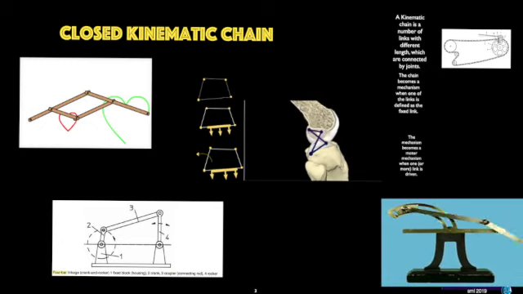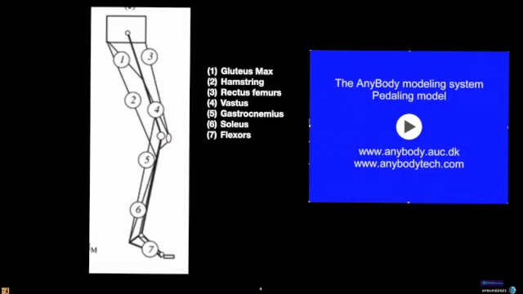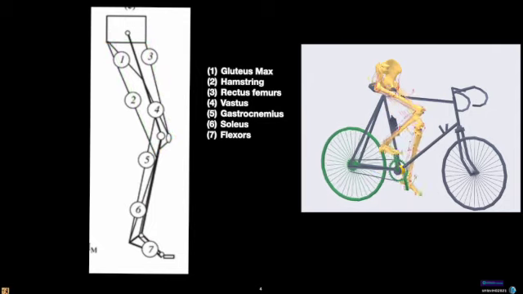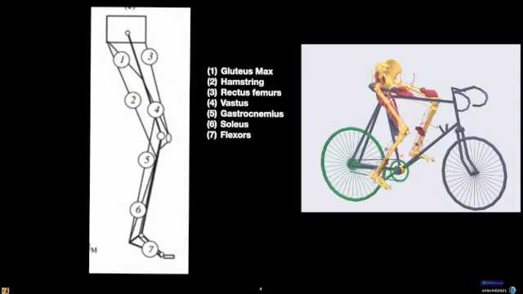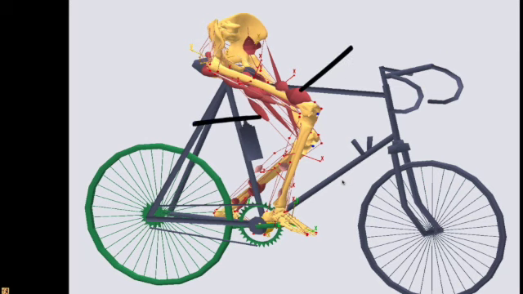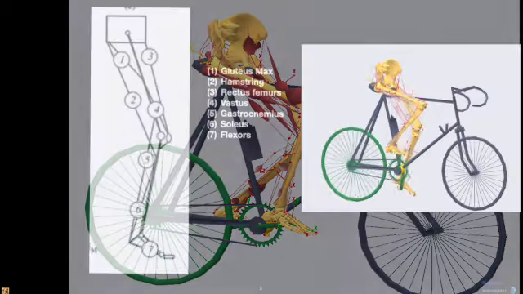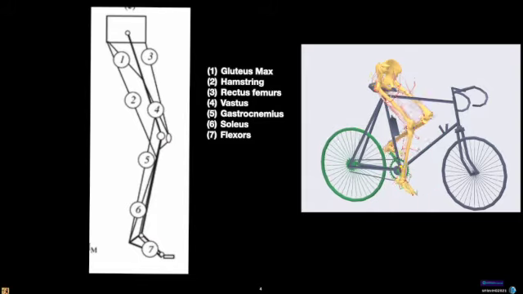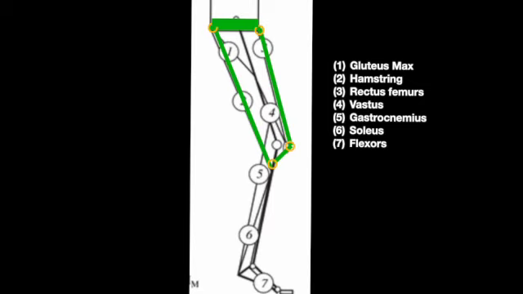Here is a video from the anybody modeling system, and you can see that the so-called agonist and antagonist muscles co-contract. I will freeze frame it for you. Now that you know what to look for, various combinations and permutations of muscles become quite obvious. Here are a few possibilities.